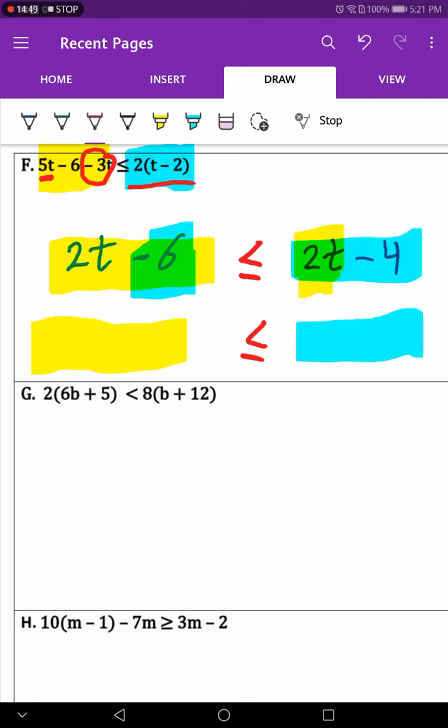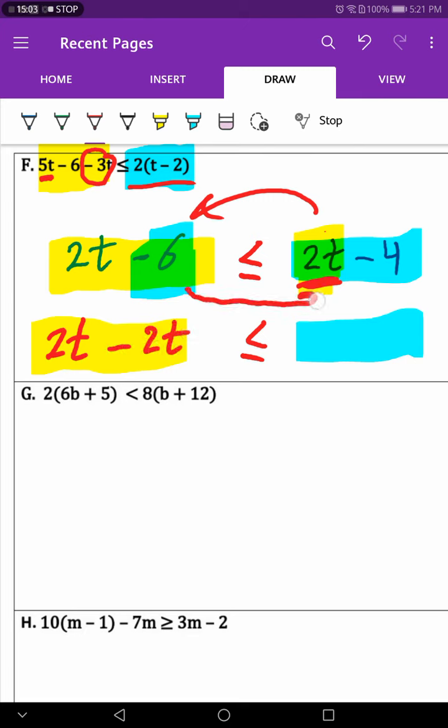On the yellow side, or the left side, I have from before 2t, and the new one, when I bring it here, it will be negative 2t. And this guy, when it comes here, it will be positive 6. But before we have negative 4, sorry, and plus 6.